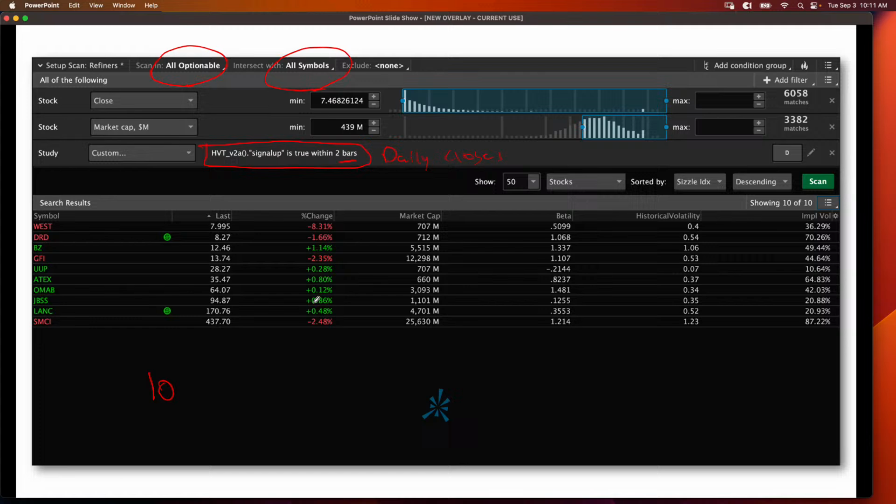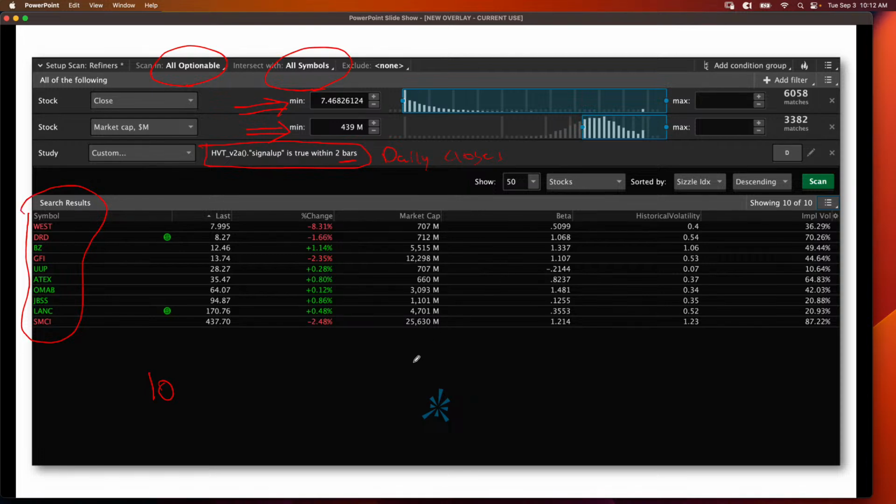But what I'm also doing is, notice in my scans, I want a minimum of $7 because I don't want any high price stocks. Also, in this scan, I put a minimum of 440 million market cap. Why? I'm looking to get the subset down of names that we're looking at.